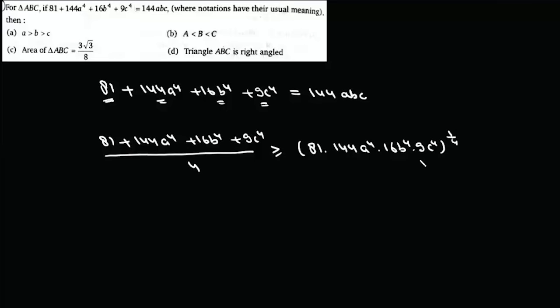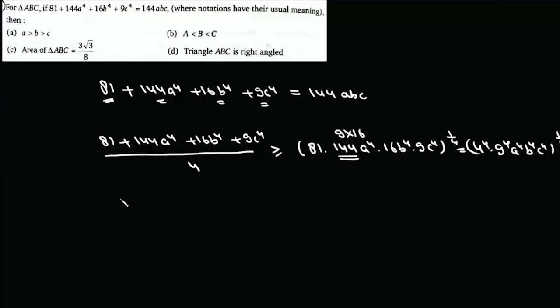Now we simplify this. 144 is 12 into 12, and then there will be 9 into 16. Now this is equal to 4 to the power 4, 9 to the power 4, a to the power 4, b to the power 4, c to the power 4, whole to the power 1 by 4.